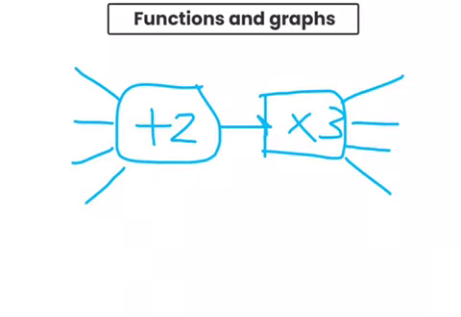So for example, the question would be, if my input is 1, what is the output going to be? You're adding 2, which gives you 3, times 3 gives you 9. Or if your input is 5, then your output is 21. If your input is negative 2, then your output is 0.